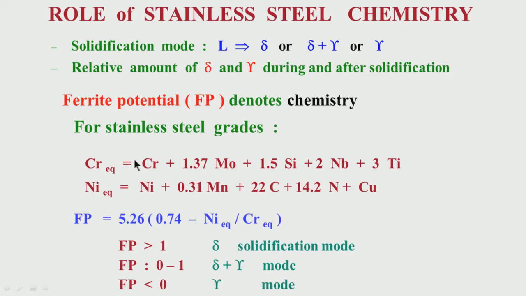If you understand how the alloying elements stabilize ferrite or austenite, we have determined the chromium equivalent and the nickel equivalent. So, for any stainless steel we can calculate the chromium equivalent, the nickel equivalent, and the ratio of nickel equivalent by chromium equivalent.